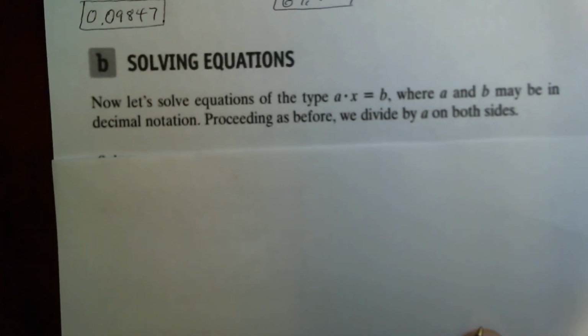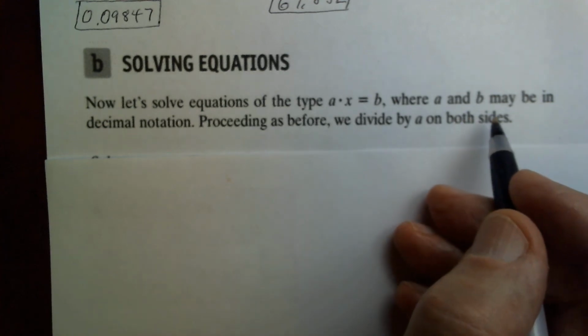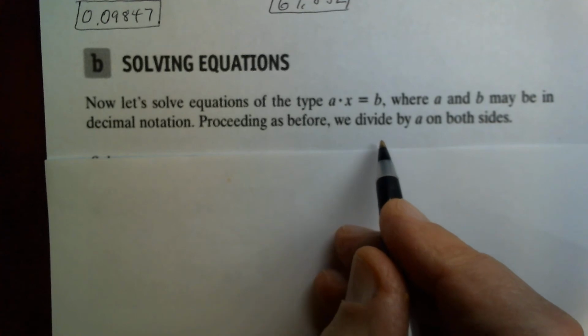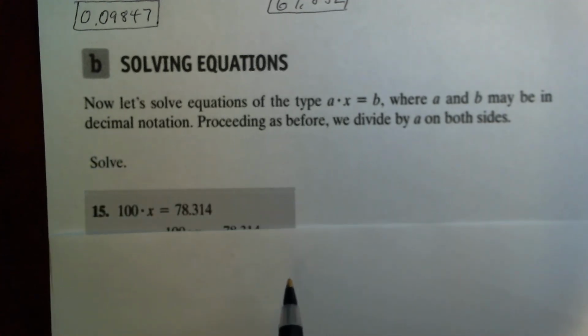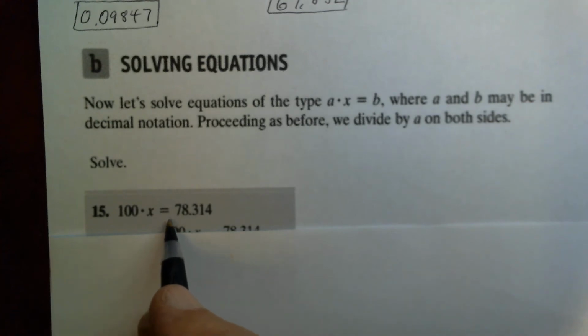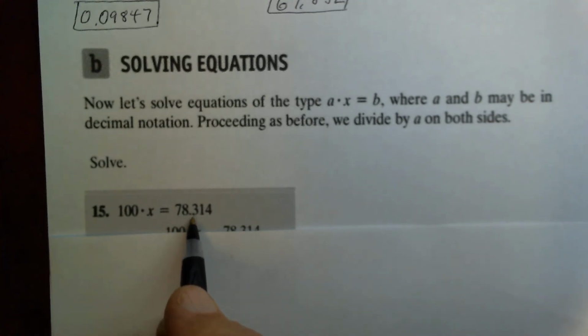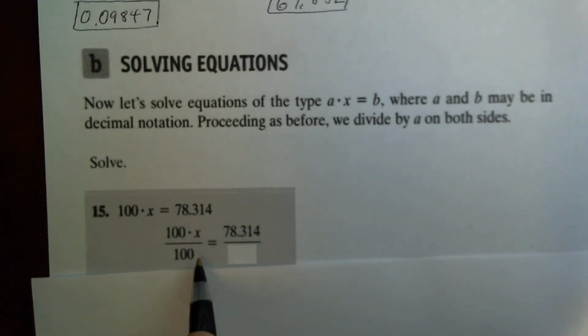Okay, now let's solve equations of the type a times x equals b, where a and b may be in decimal notation. And so, as before, we divide both sides by a to isolate x. So let's say here we have 100 times x equals 78.314. So we divide on both sides by 100.